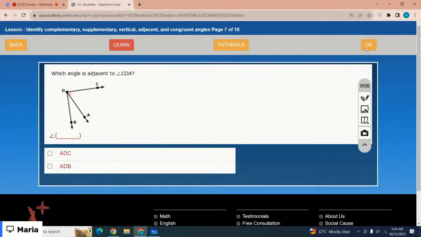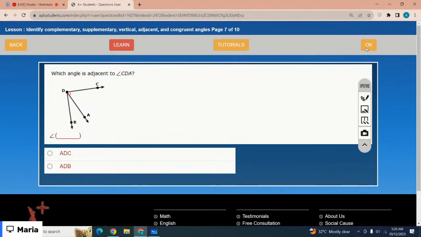Okay, which angle is adjacent to angle CDA? Adjacent angles are the ones that share a common vertex, right?